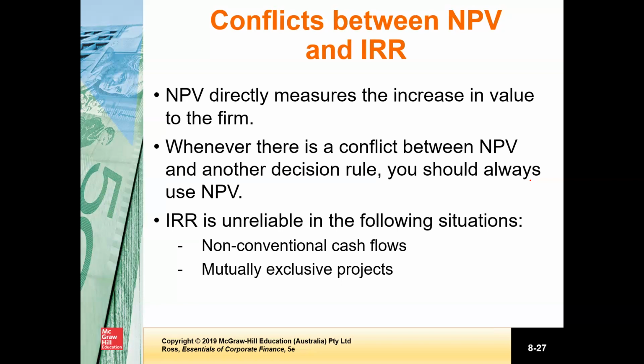In the case of IRR, on the other hand, we are assuming that these interim cash flows are reinvested at the IRR. Now, this IRR is relevant for this project. When we reinvest these interim cash flows, we should be reinvesting them at the required rate of return of the firm, not the IRR of this project. So the reinvestment rate assumption of IRR is also not theoretically correct.